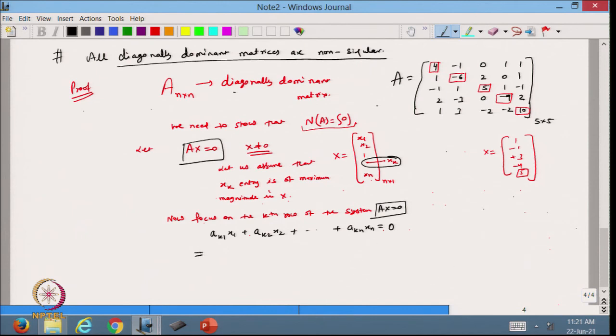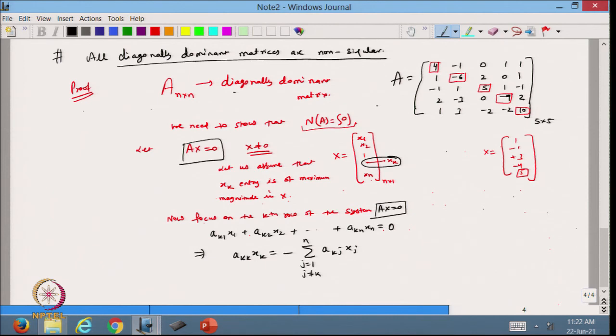Now, I am going to write this system: A_kk x_k, taking all the terms on the other side. That can be written as minus summation A_kj x_j, where j is moving from 1 to n and j is not equal to k. This is what I am going to have.